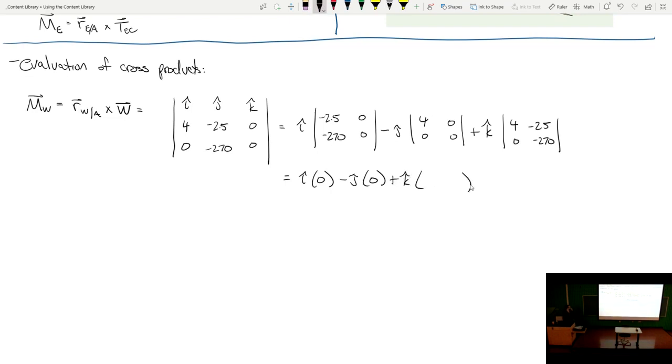So 4 times 270, that's 1080, so negative 1080. So MW is 0i plus 0j minus 1080k, and that is in foot-kips.